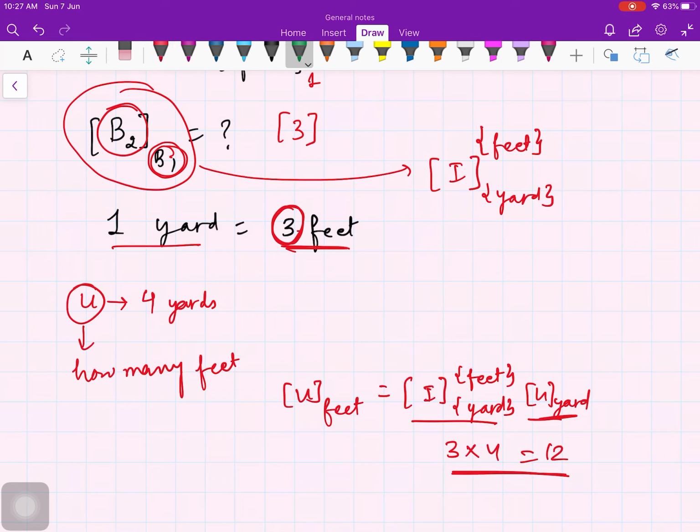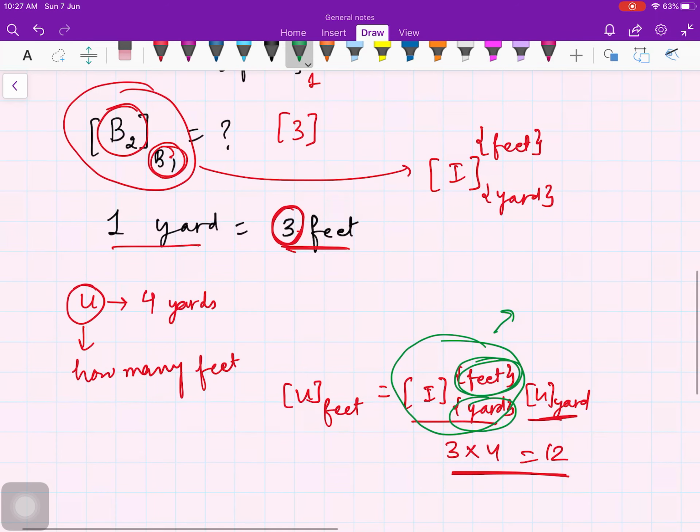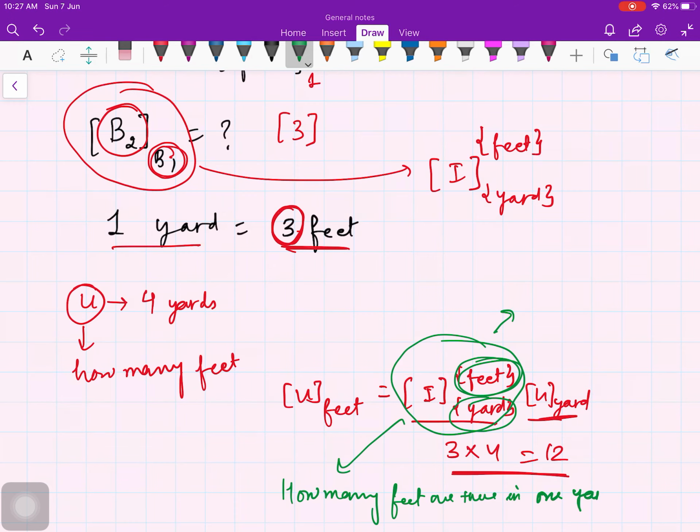So you see here, what is this? This is a quantity that says how many feet are there in 1 yard.